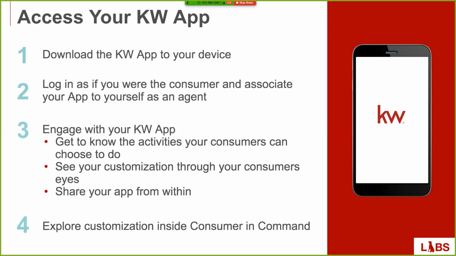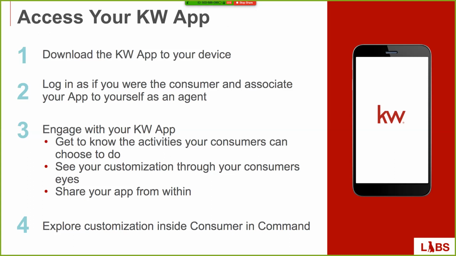This slide tells you how you can access your app. I believe everybody here probably already has it downloaded, but if you don't, these are the steps to take. Number one is downloading the KW app to your device. If you have an Android phone or an iOS device, you can find it in those respective app stores.